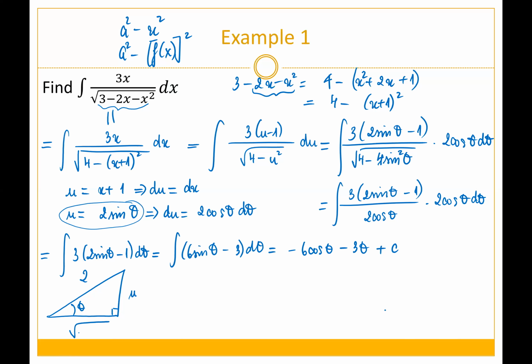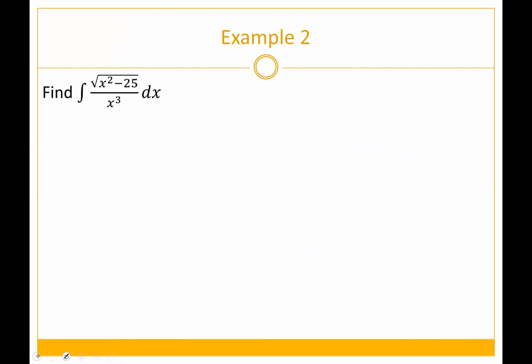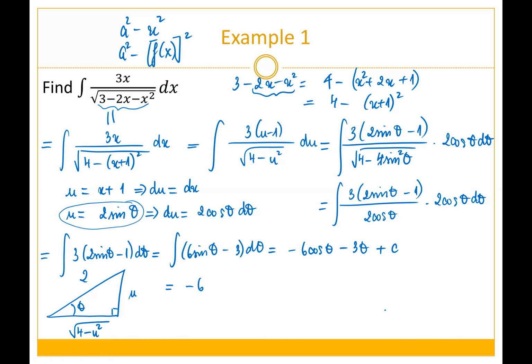In this case, the last side is going to be the square root of 4 minus u squared. Therefore, we're going to put it back into negative 6 times cosine of that, which is the square root of 4 minus u squared divided by 2, then negative 3 inverse sine of u over 2 plus c.